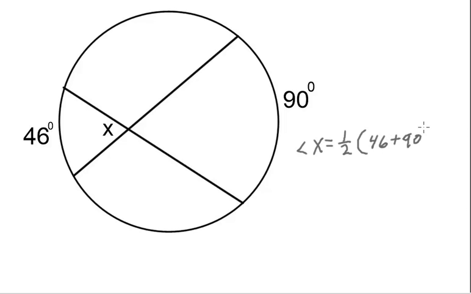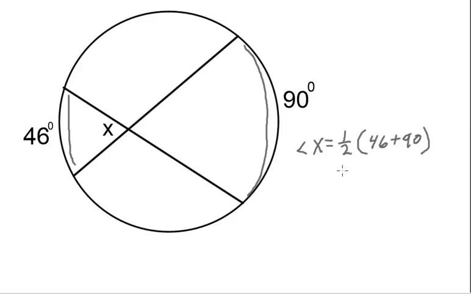Because these intersect inside the circle, we're going to add these two corresponding chords together, right? Add them together, then divide by 2, which is the same as multiplying by 1/2.